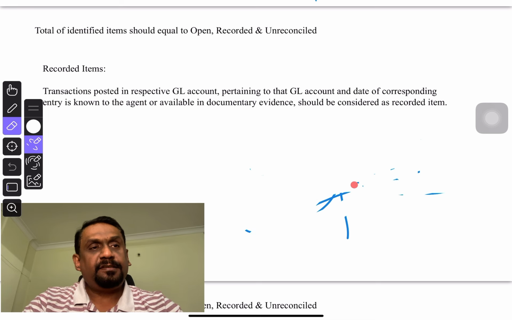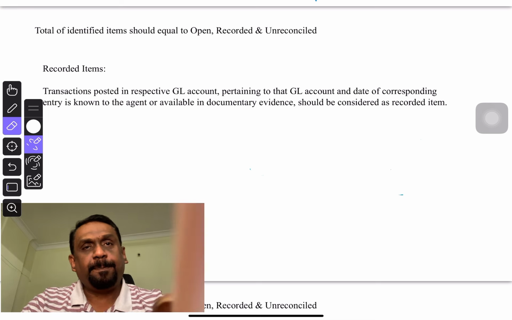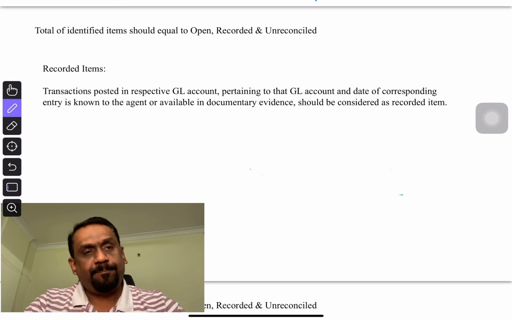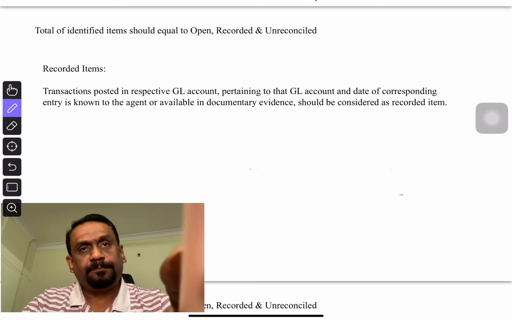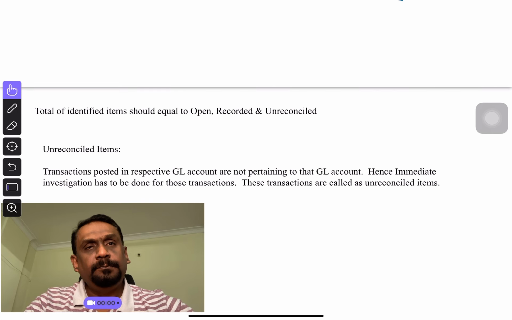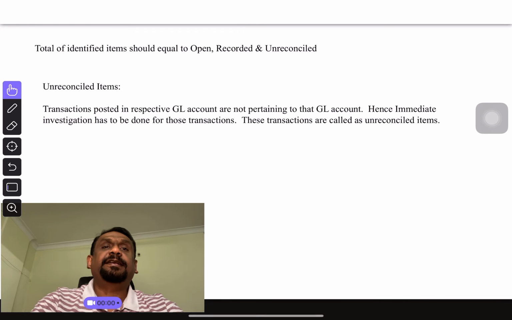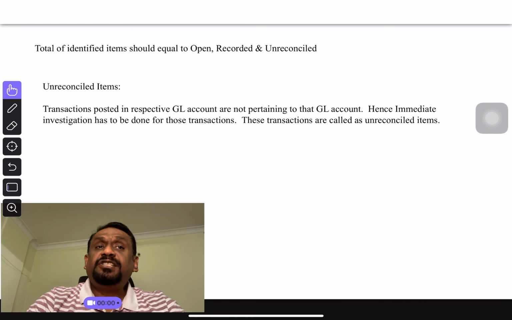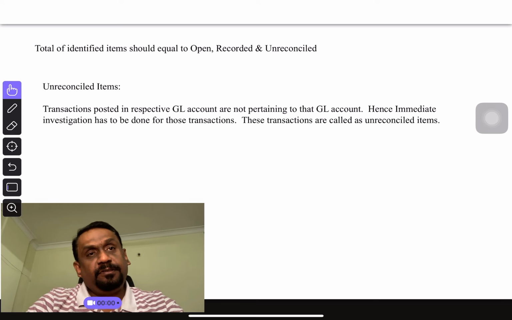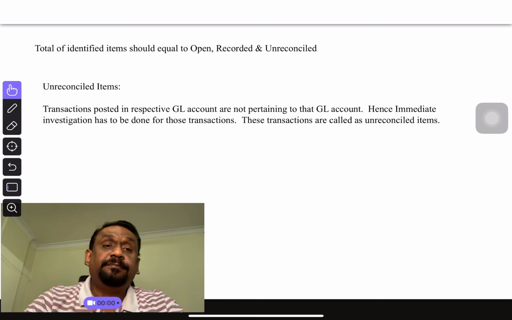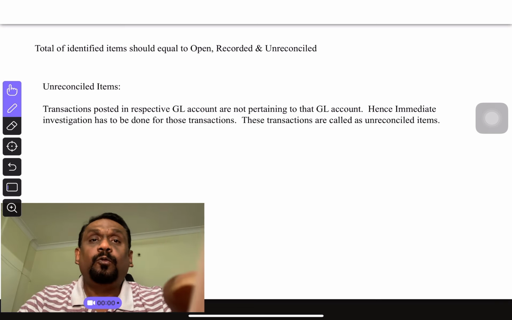Next item is unreconciled item. What do you mean by unreconciled item? Transactions posted in the respective GL account are not pertaining to that GL account. What does it mean?